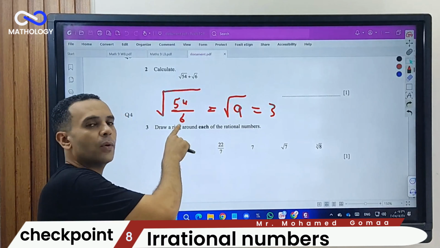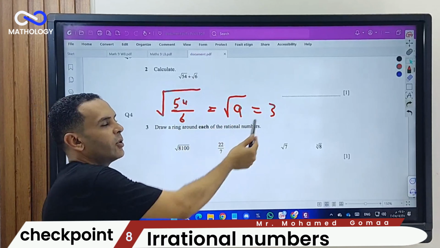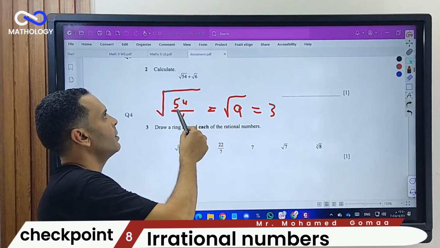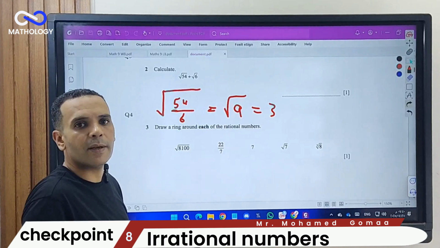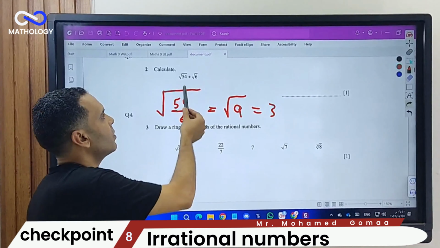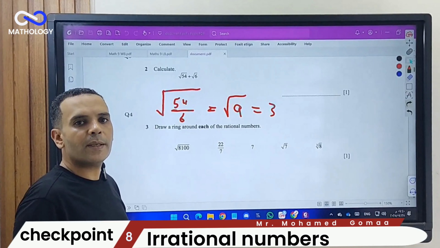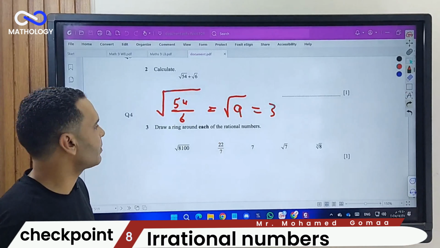To divide or multiply irrational numbers with the same root, keep the same root and divide or multiply the numbers below the roots. Like this one, I kept the square root and divided 54 by 6, which equals 9, and the square root of 9 equals 3.